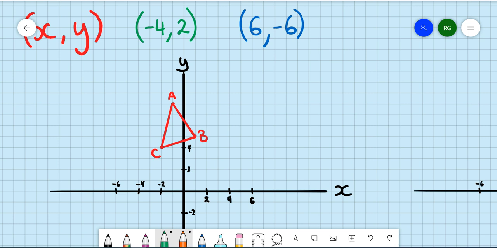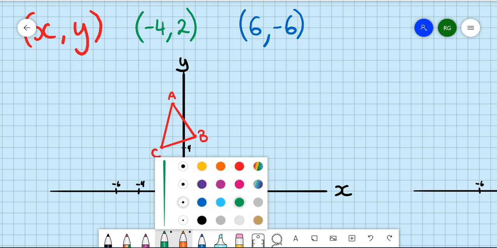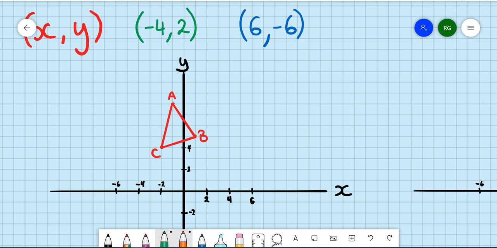If we focus on point A, we look at how much it moves along the X-axis, and in this case it is -4. Because it's -4 on the X-axis, we're going to move it to the left in the negative direction 4 positions.